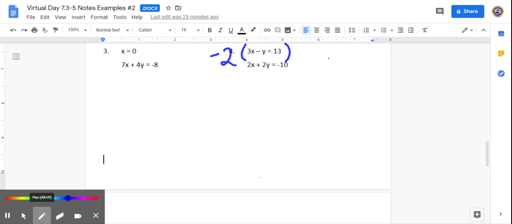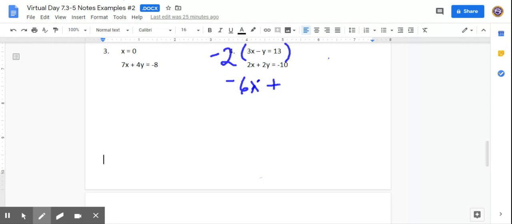So then what are we going to do? We're going to distribute. -2 times 3x is -6x. -2 times -y is positive. Oops, so I don't want to multiply by -2. Oh, see the careless mistake we could make? It's already negative, so I don't want to multiply by -2.